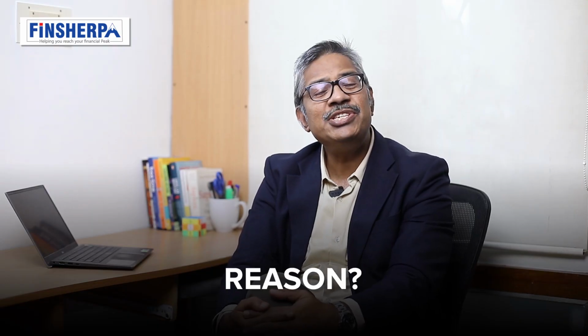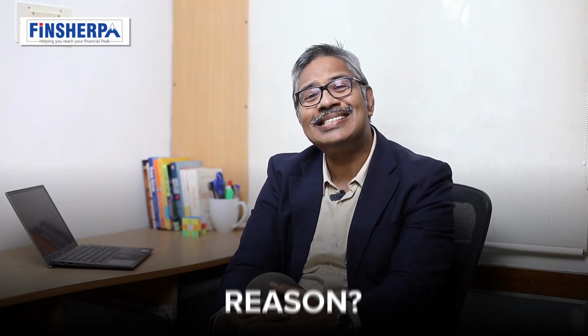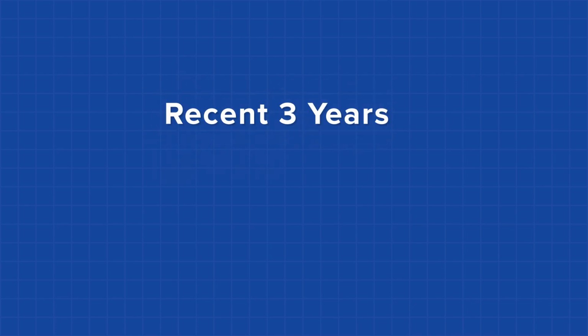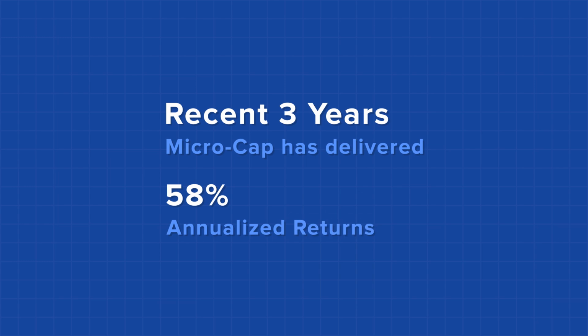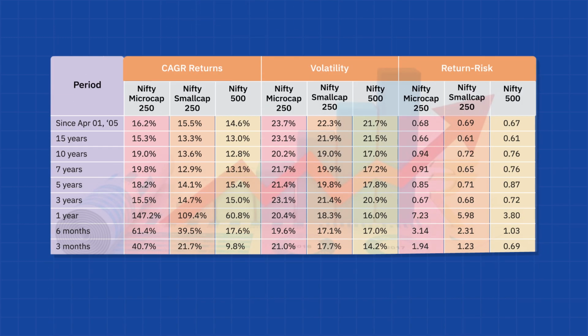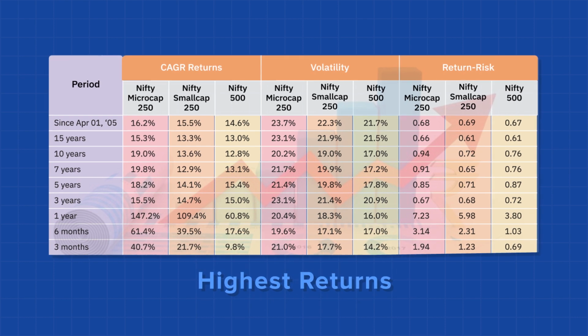Now, the reason one should look at this is that in the recent 3 years, microcaps have delivered 58% annualized returns on the last 3-year basis, the highest return as compared to any other index.